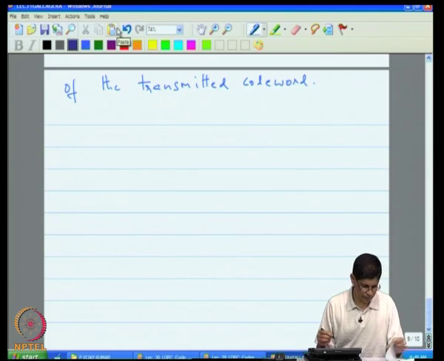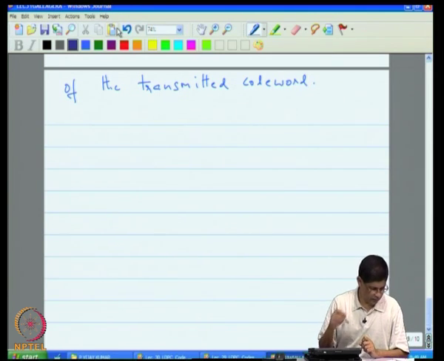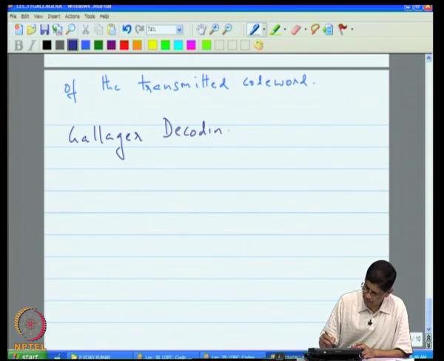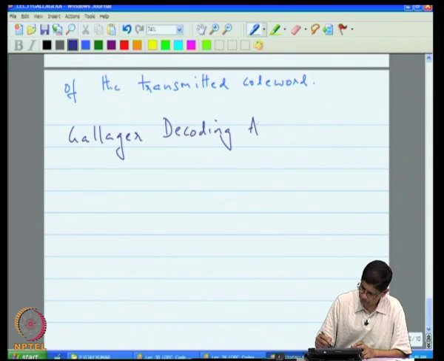Let us now turn to examining a particular decoding algorithm that was introduced by Gallager.